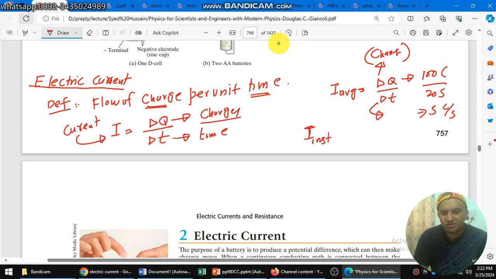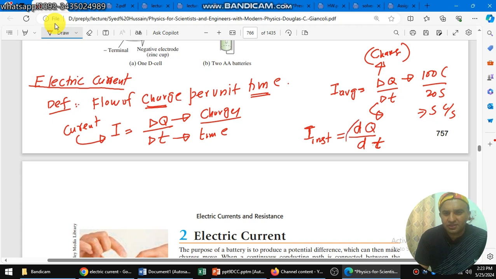So what is the difference with instantaneous? Instantaneous current is the rate of flow of charge, which can be written as dq over dt. Here dq means we take a small change in charge divided by a small change in time, dt.